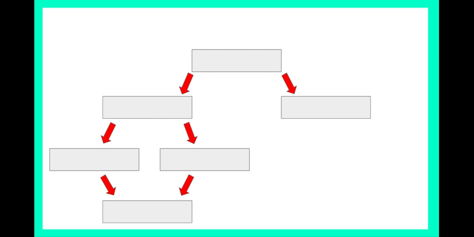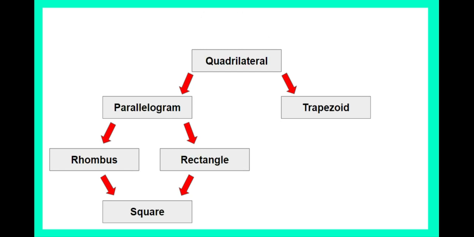Alright, hopefully you were able to pause the video and come up with this. Again, I was totally joking about writing on your hand. But hopefully your diagram will look something like this, where the quadrilateral is at the top, and from the quadrilateral, a four-sided figure, we have parallelograms, and we also have a trapezoid.